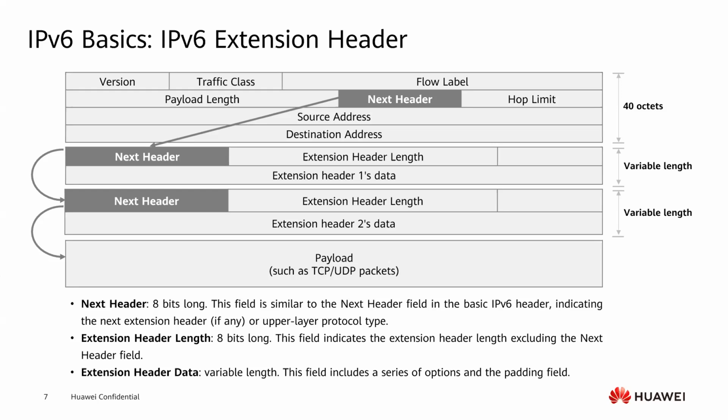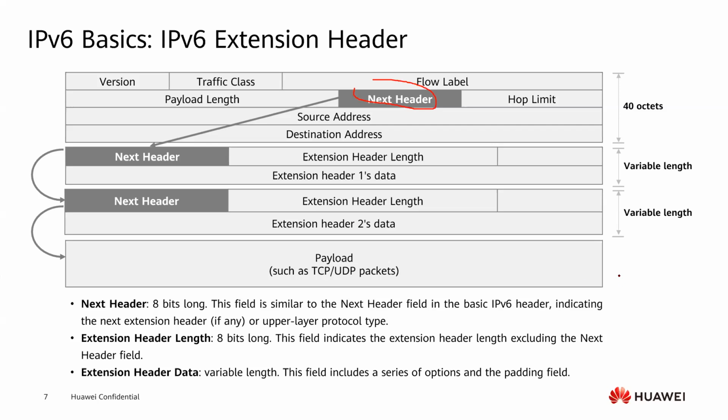IPv6 uses the extension header to support extended functions, using the next header field to tell you what the next part of the function is. The extension headers include the hop-by-hop options header, the destination options header, the routing header, the fragment header, which is similar to IPv4 fragmentation, and the authentication header. Authentication is used for IPv6.